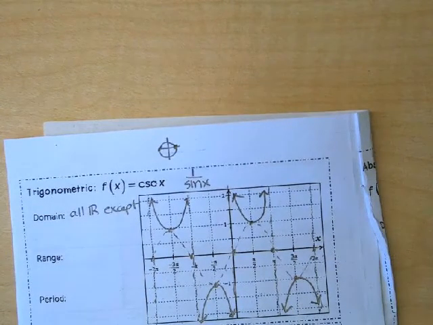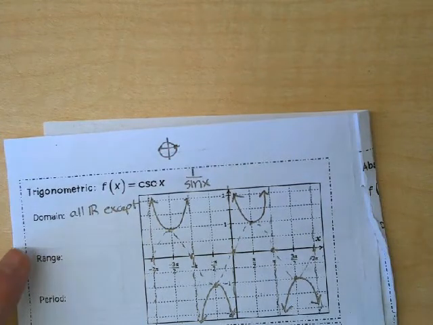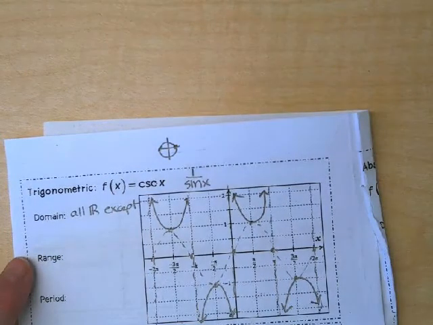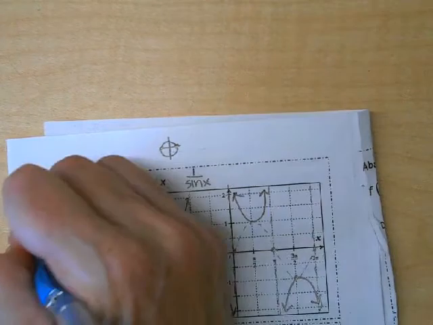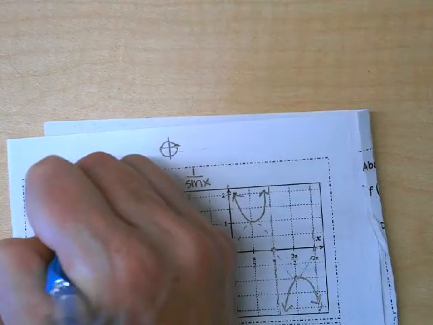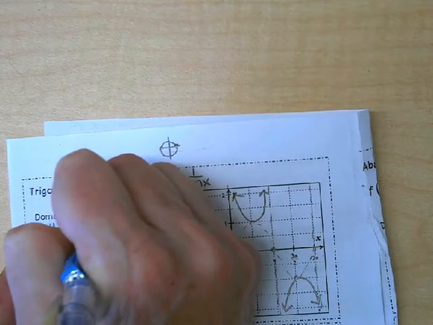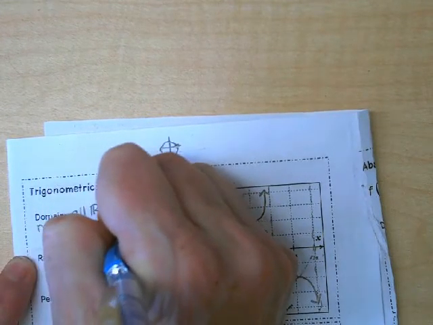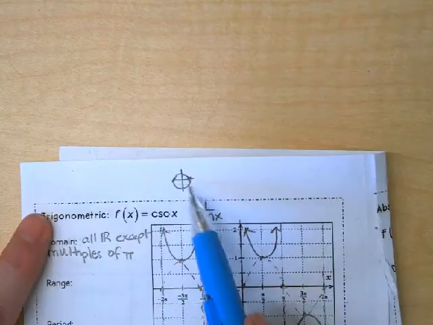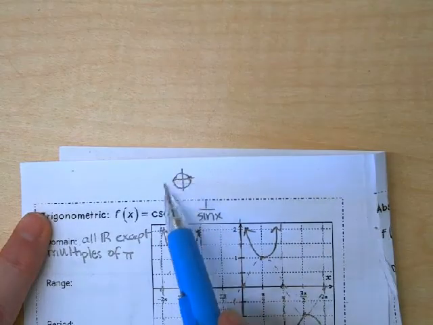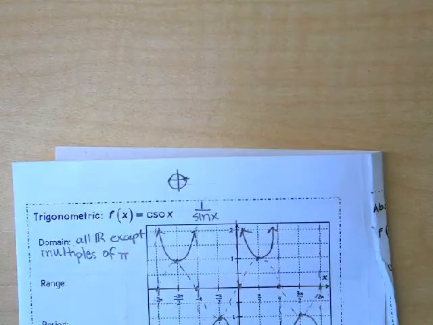Not odd multiples. Even multiples? Let me double check that. I gotta think about this. No, multiples, right? I'm sure you guys will let me know if I'm wrong. Except multiples of pi. That makes sense. Because every time I move pi around on this unit circle, which just means halfway, the sine will be 0.